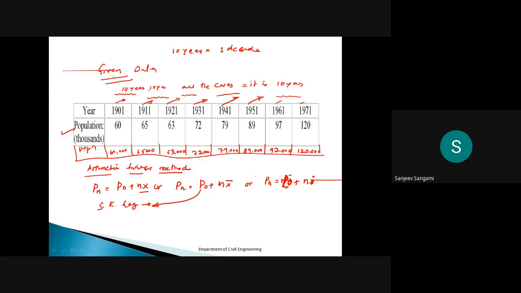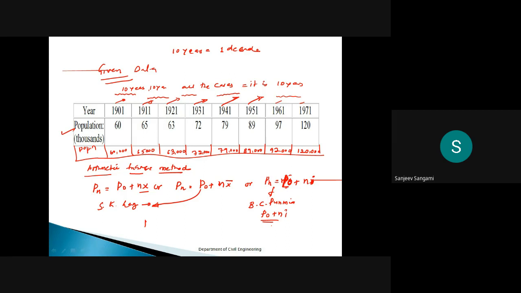If you go to the BC Punmia textbook, the formula is P naught plus n I.